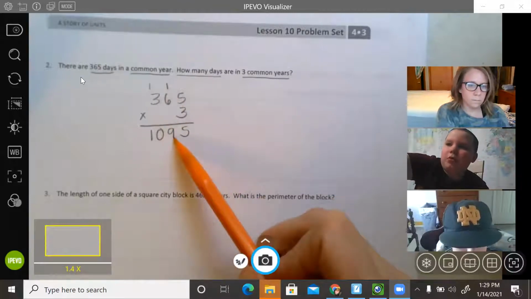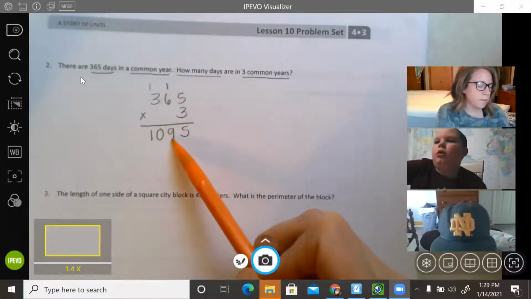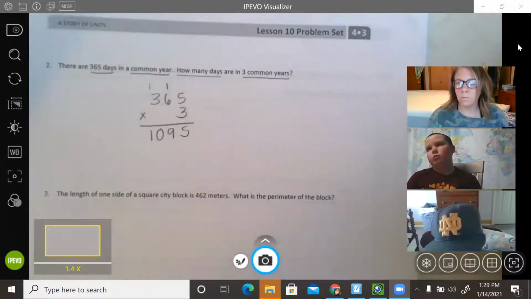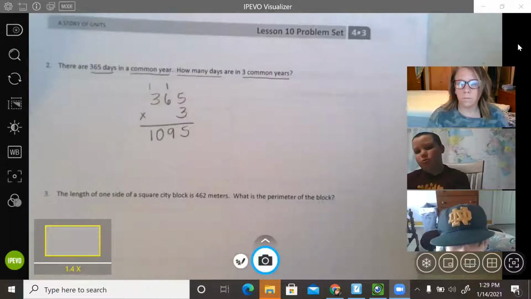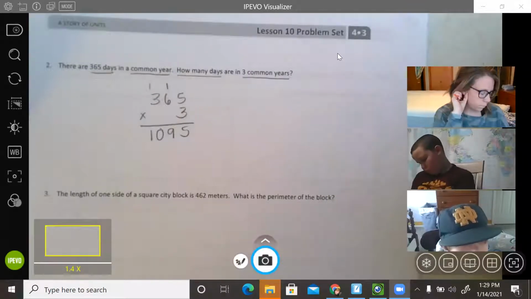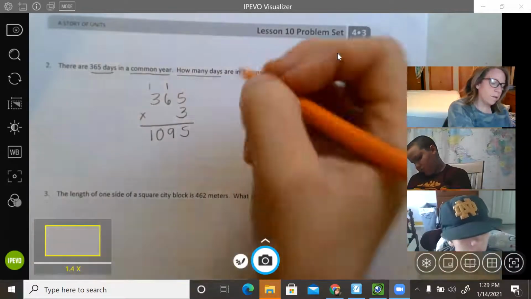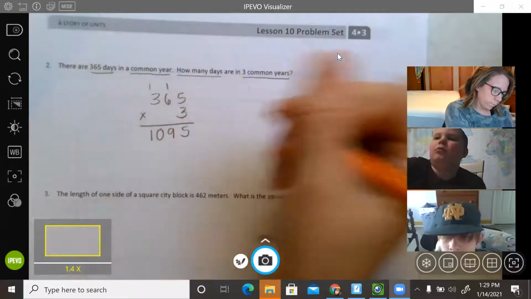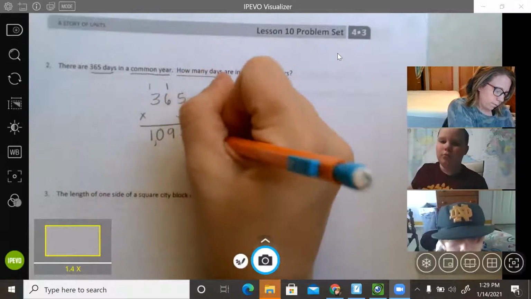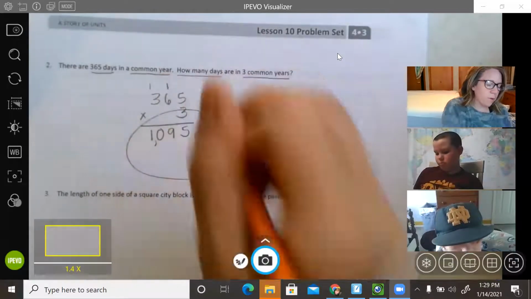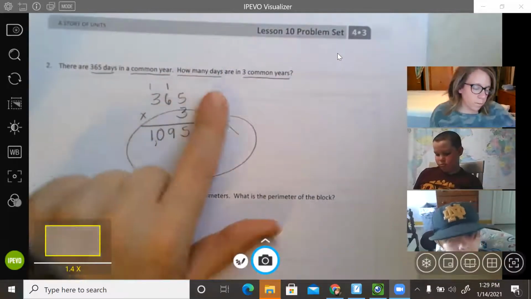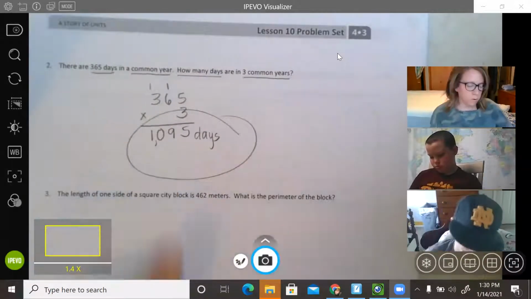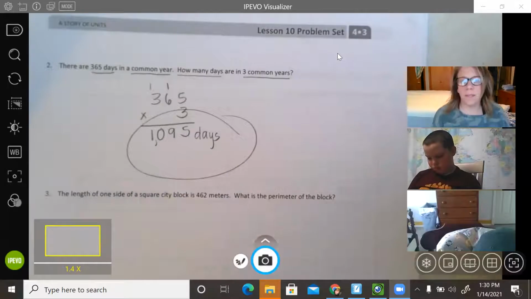Down the 9, carry your 1. Good. 3 times 3 equals 9 plus 1 equals 10. And then how did you label your answer? 1,095 days. Very good. Some of you had years. There wouldn't be 1,095 years in 3 common years. You want to make sure you're labeling it with days.